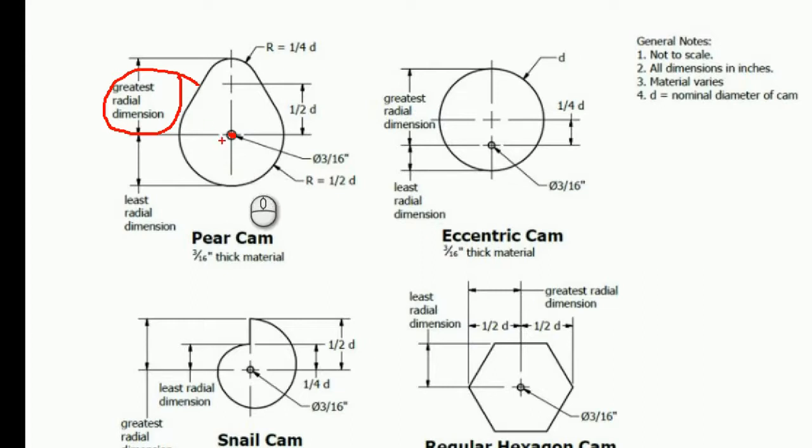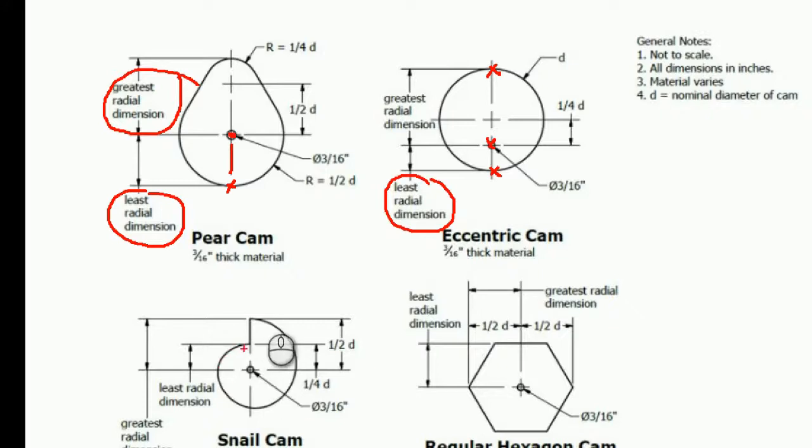Taking a look in this case, the very least that this cam would be away from that center point would be the least radial dimension. If we take a look at the eccentric, this would be the greatest radial dimension from here to here, and then this would be the least radial dimension from there to there.